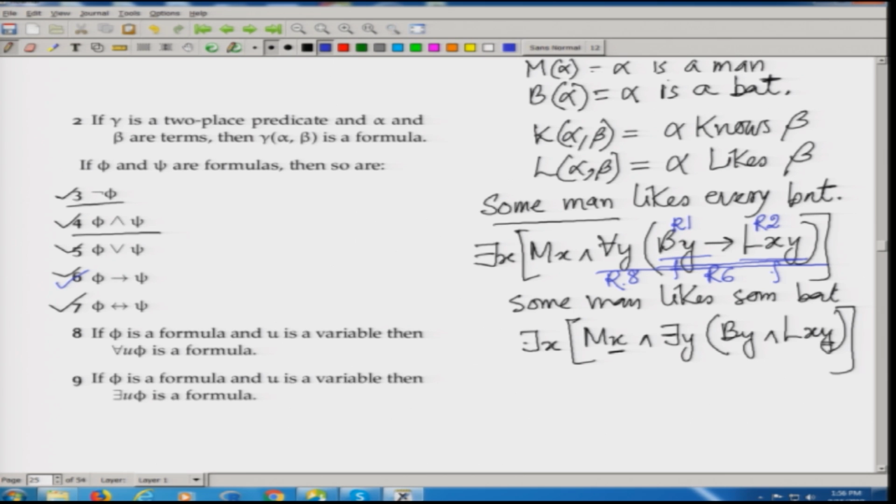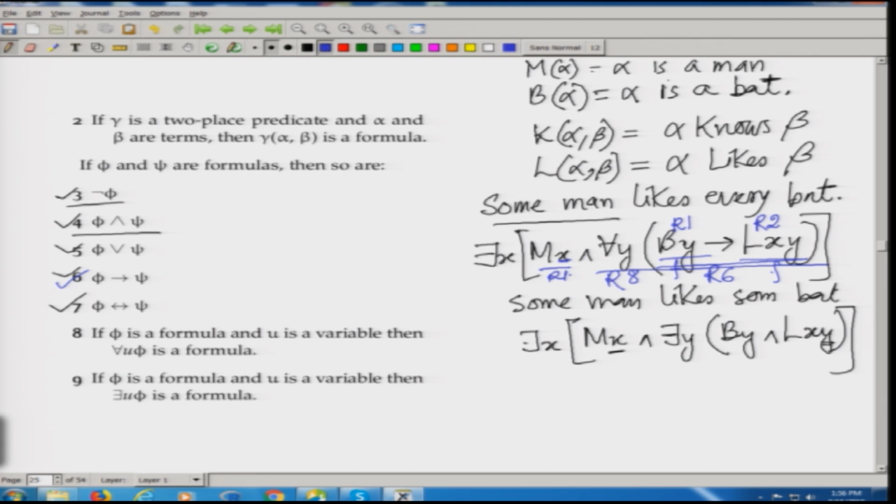If it is a formula, then so is all y, because y is a variable. So, by using rule number 8 we can construct this, and then by using once again rule number 1, the first rule, we can construct this. This is a one-place predicate and this is an individual variable, so they are combinable.